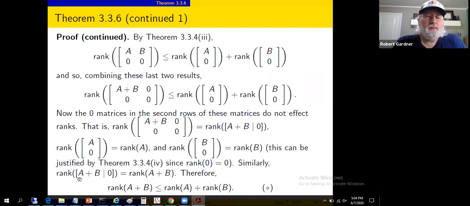So the dimension of the span of the columns of A plus B with all these zero vectors is the same as the dimension of the span of the columns of A plus B. So we can drop the zeros in either case, leaving us with the rank of A plus B is less than or equal to the rank of A plus the rank of B. That's going back up here. So we're taking this, we drop the zeros to draw this conclusion. Dropping of the zeros is justified in between.